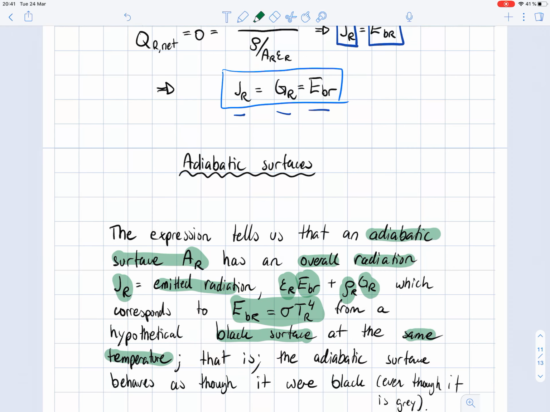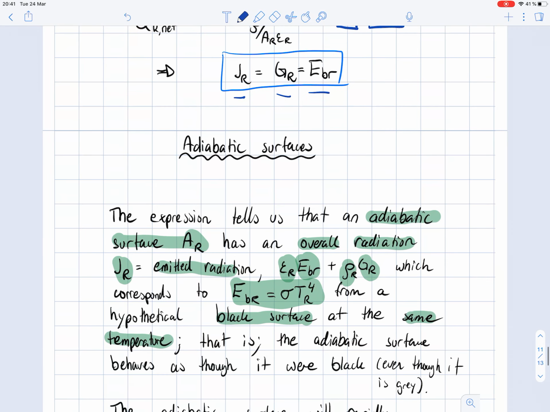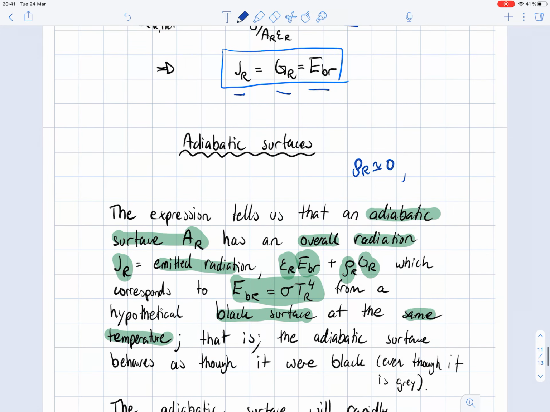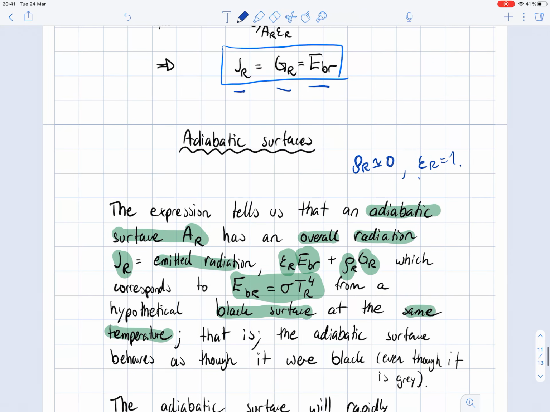That is, it behaves as though rho R is 0 and epsilon R equals 1. And yes, this is a black surface. So the adiabatic surface behaves as though it were black, even though it in reality is gray.